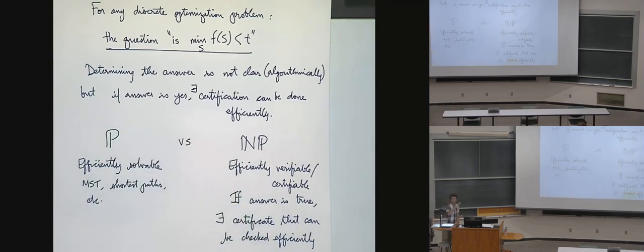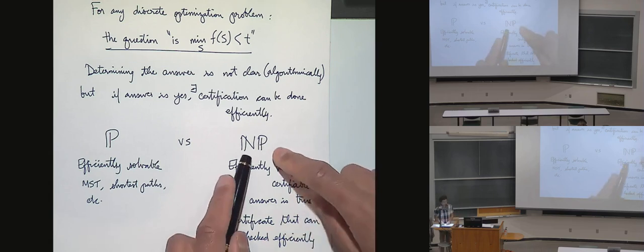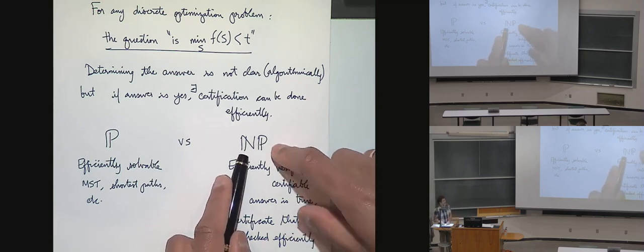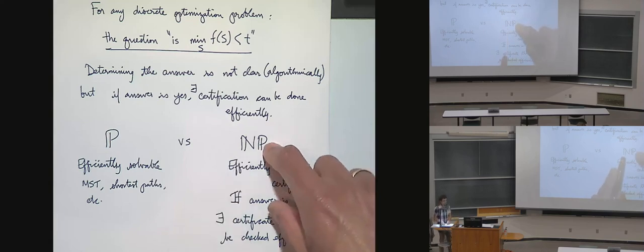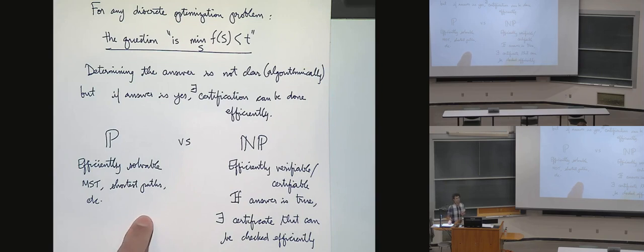P is essentially all the problems that you normally work with. These are problems where you know that you can actually solve it efficiently. I give you a problem and I say, give me a polynomial time algorithm. And you give a polynomial time algorithm, that means it's in P. But what NP means is something more general. It just says that I don't care whether I can solve the problem.